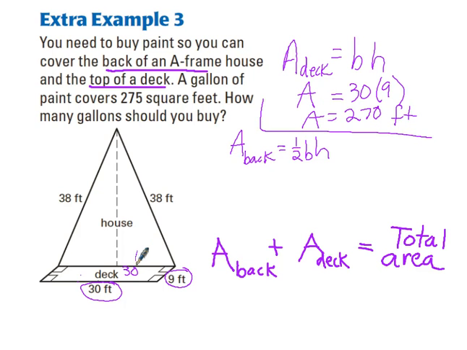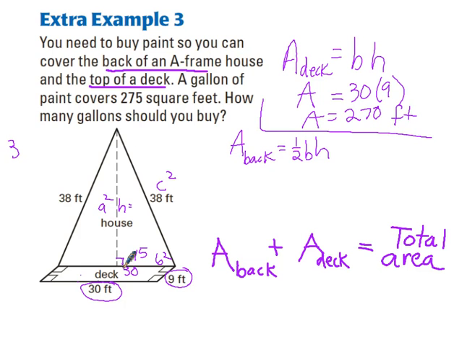Half of the base is 15. That will allow me to find, by the Pythagorean theorem, the height here. So we're going to say that c squared equals a squared plus b squared. So we look at our right triangle here. Construction says that that's going to be perpendicular.